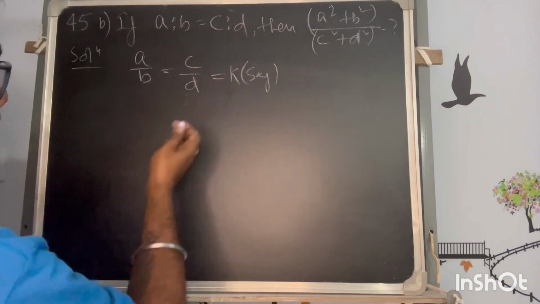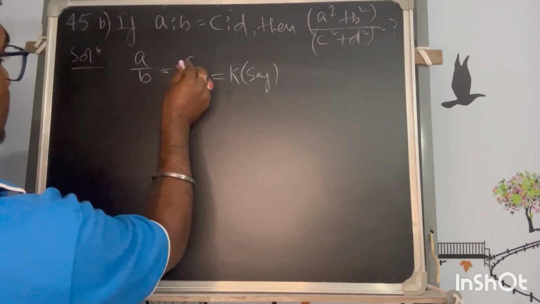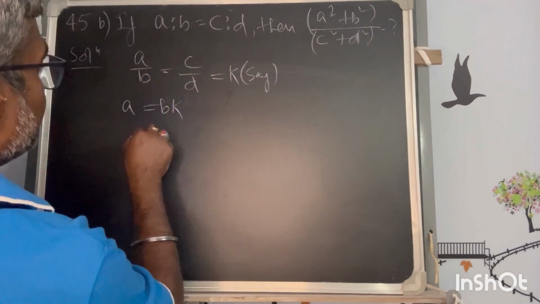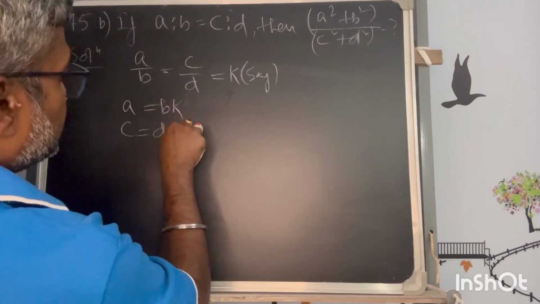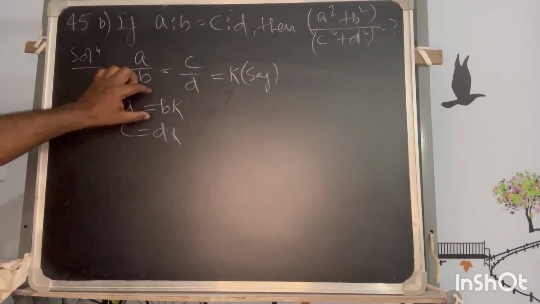So a can be written as bk and c can be written as dk.